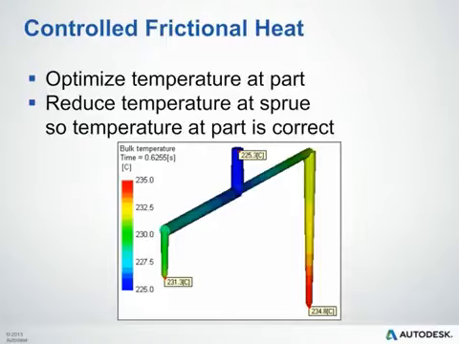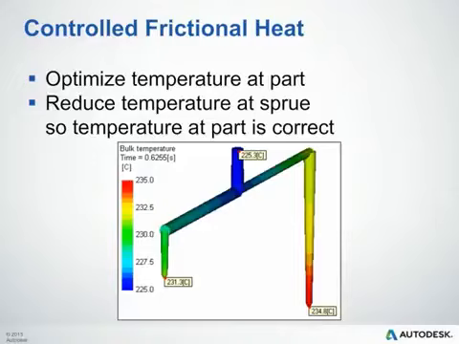The amount of shear heating is typically controlled by the size of your runners. The smaller the runner, the more shear heat typically. So if you're following the best practices that you'll learn a little later, when you optimize your melt temperature, it's typically done with only the part. So the feed system's not modeled at this time.